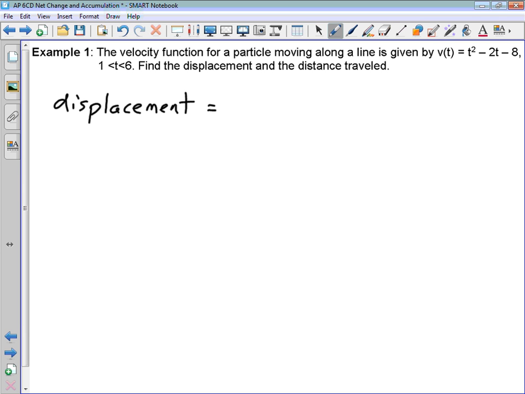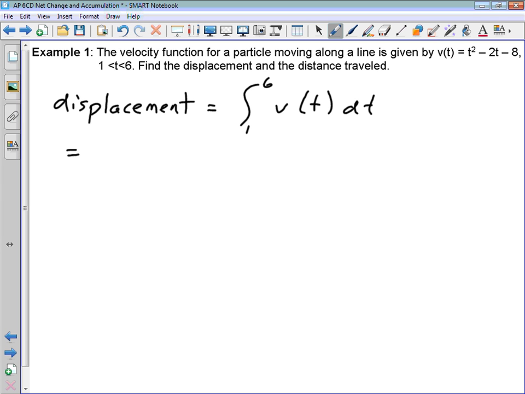So our displacement is just going to be the integral of our velocity function with respect to time over the time interval in question, so from 1 to 6.